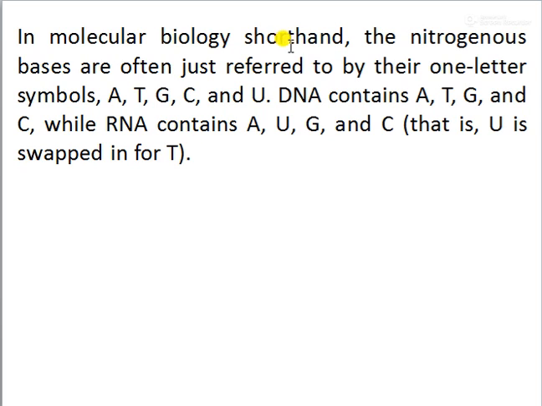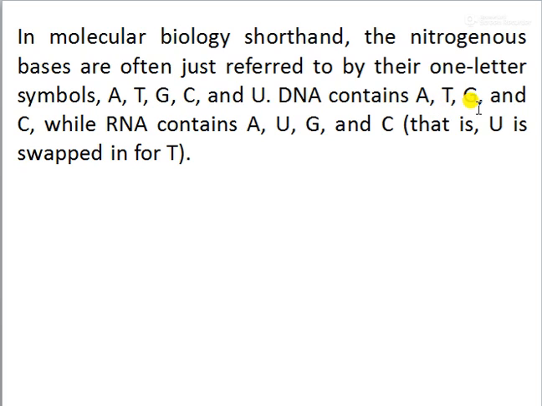In molecular biology shorthand, the nitrogenous bases are often just referred to by their one letter symbols: A for adenine, T for thymine, G for guanine, C for cytosine, and U for uracil.